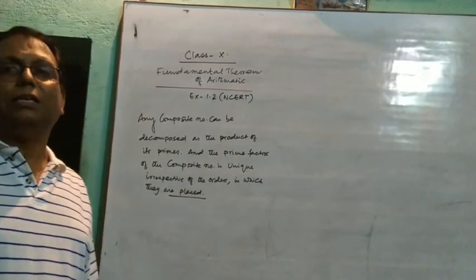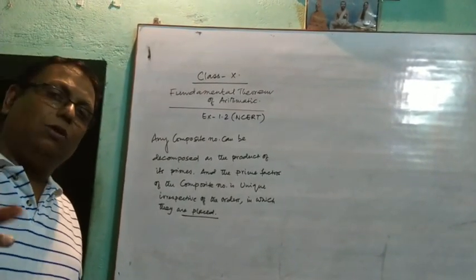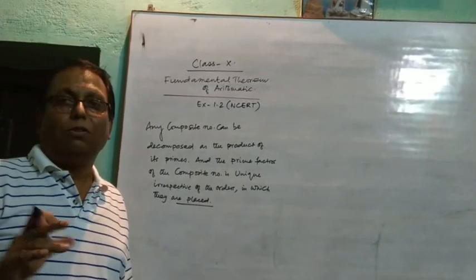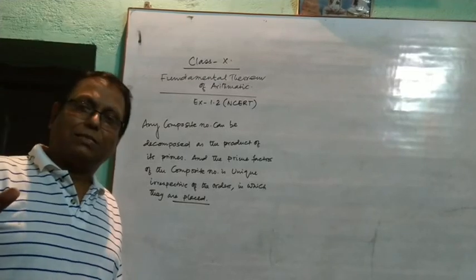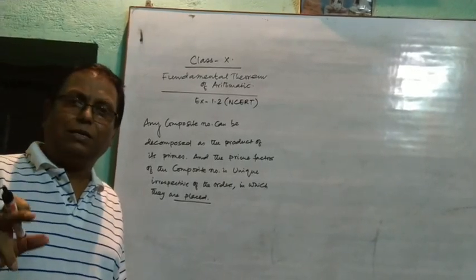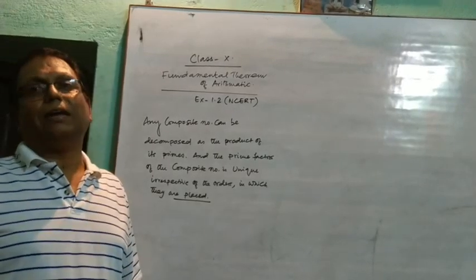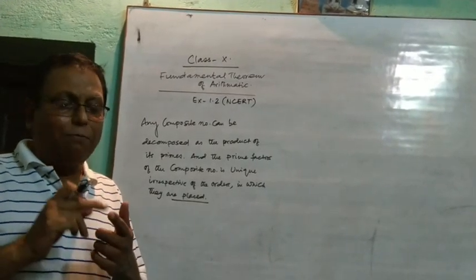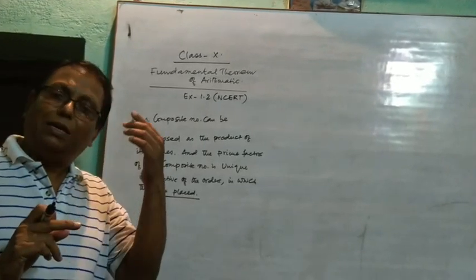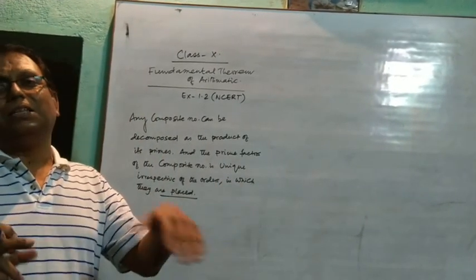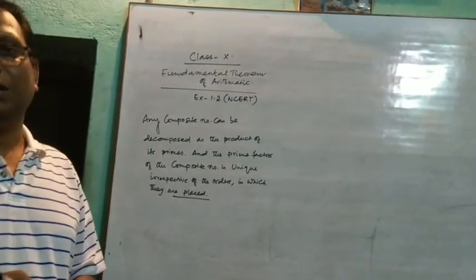For example, 3 is prime because 3 is divided only by 3 and 1. On the other hand, 6 is a composite number because 6 can be divided by 1, 6, 2, and 3. So any number which can be divided by any number other than itself and 1 is called a composite number.